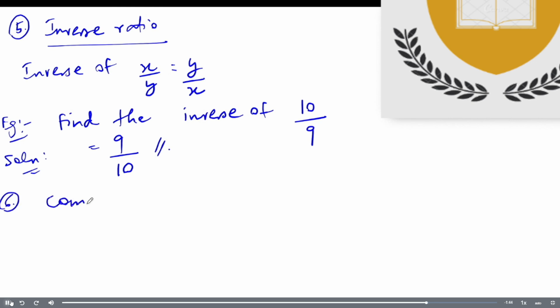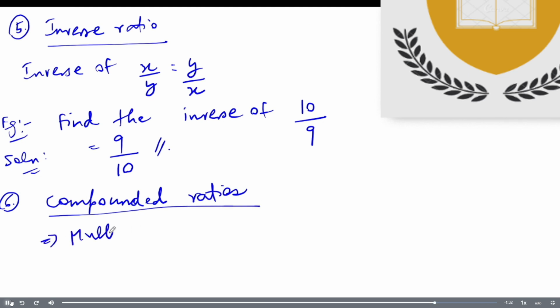Let's move on to the next ratio, compounded ratios. Compounded ratio means multiplication of ratios.